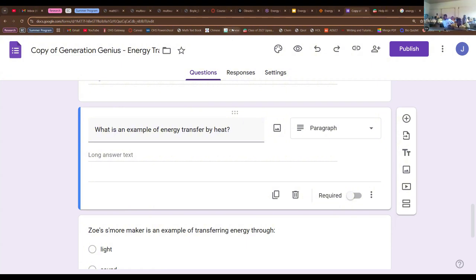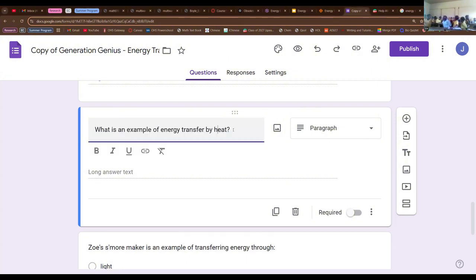Yes, I heard a lot of examples of prosthetic arms, prosthetic legs, safety features of an automobile, but mostly those examples have to do with mechanical energy, but specifically energy transferred by heat.